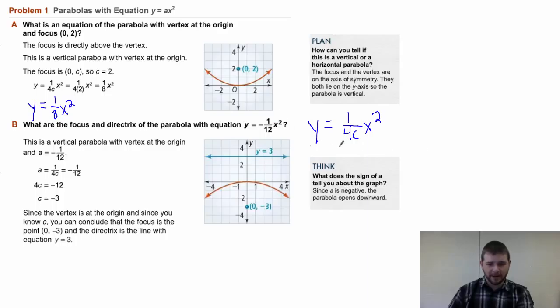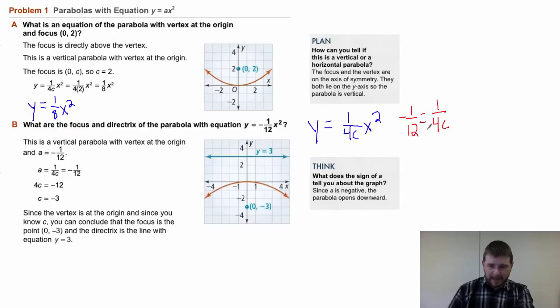Notice how the x squareds are in common? Perhaps I should take the time here. Let's set these two things equal to one another. Negative 1/12 equals 1 over 4c. Take a moment to make sure you understand where that came from and how I can write that these two things are equivalent.